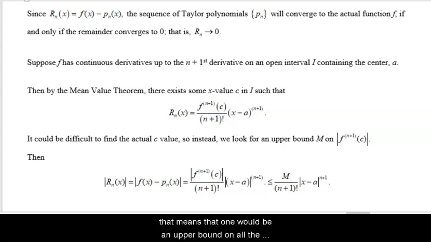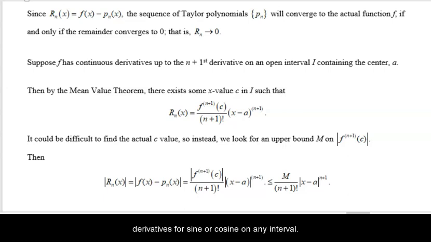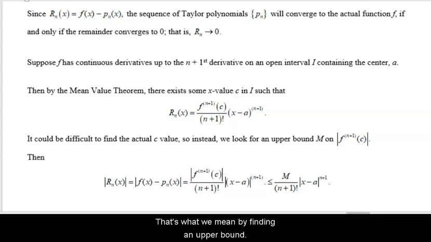That means that 1 would be an upper bound on all the derivatives for sine or cosine on any interval. That's what we mean by finding an upper bound. An upper bound is just a constant number that you know for sure that that derivative for that function over that interval cannot be larger than.